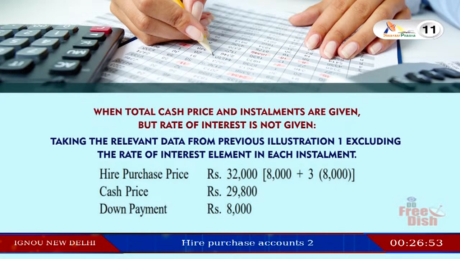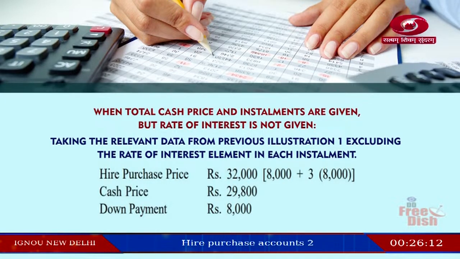In that particular example, rupees 8,000 were paid as a down payment and 3 installments of rupees 8,000 each per annum were also paid, and the cash price was mentioned in the question as rupees 29,800. The down payment is also given, that is rupees 8,000.